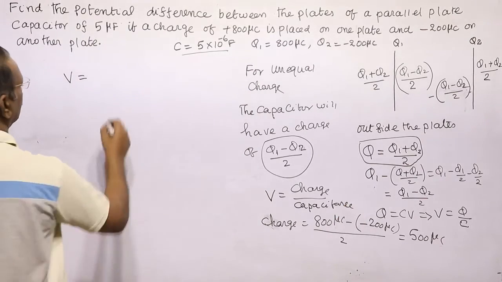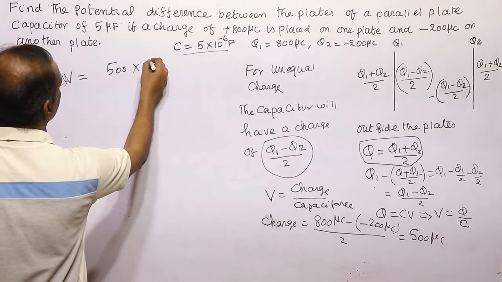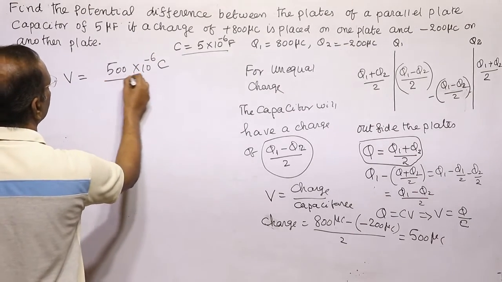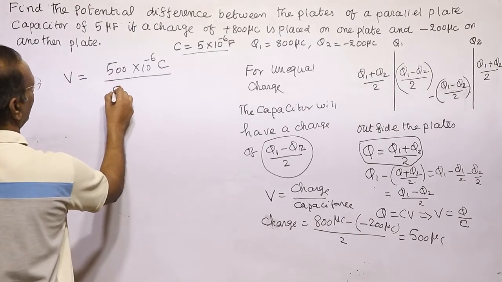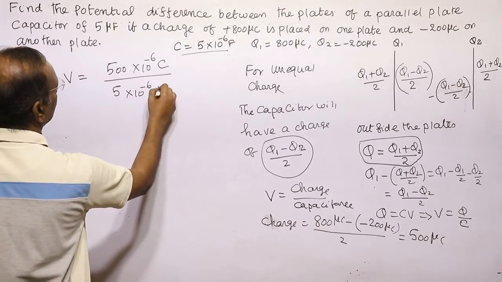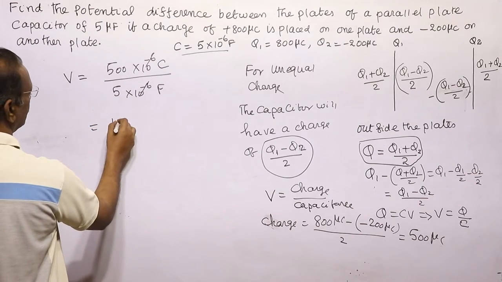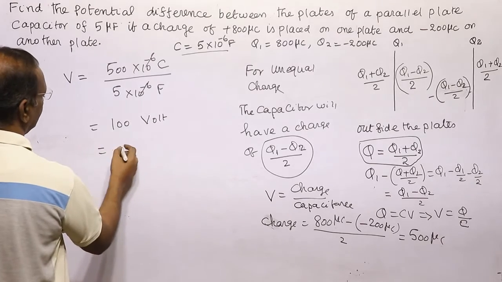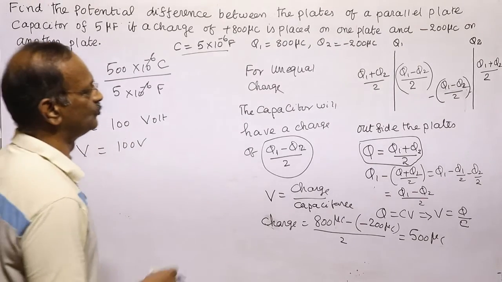The charge is 500 into 10 to the power minus 6 coulomb, divided by the capacitance, which is 5 into 10 to the power minus 6 farad. So this cancels, and it is equal to 100 volt. This is the potential difference between these two plates.